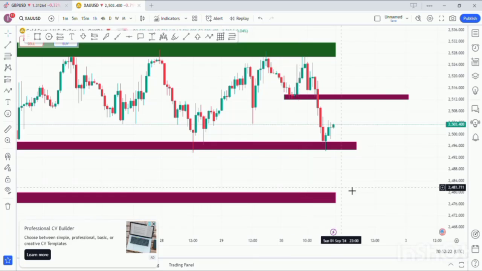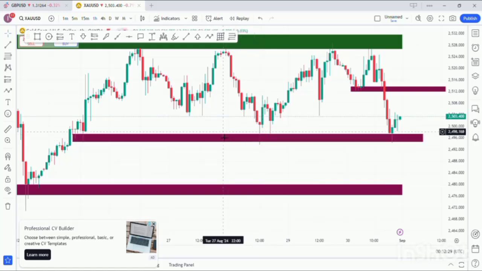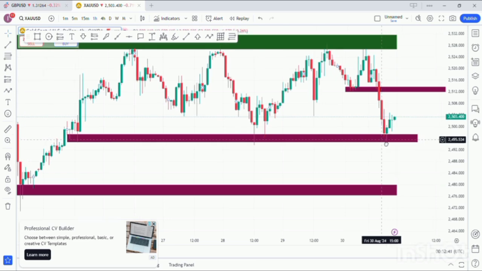So right here on my screen, as you can see, price came down, price has been respecting this support zone for a while. Price respected it right here and also respected it twice here. So the price also broke out of this support zone, came down to respect this zone right here.